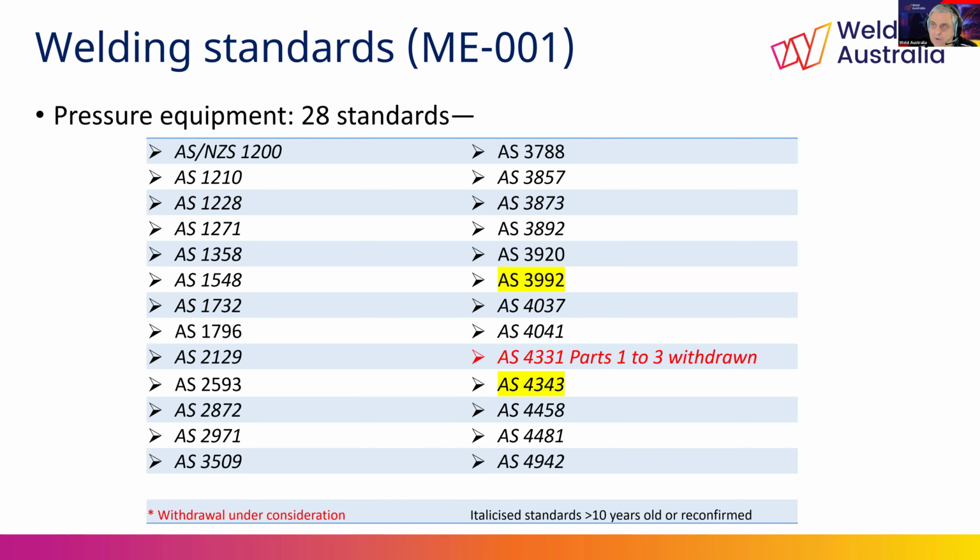Now, pressure equipment. The standard AS 3788 covering in-service inspection has been revised and was republished in June last year. This was a major revision with much of the core content of the body of the standard revised. Now, a question we do get asked from time to time is why mention of the ASIP inspection certification was removed.